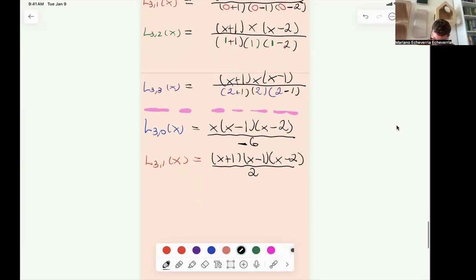And then L32 of x is x plus 1 times x times x minus 2, divided by 2 times 1 times -1. So that's -2.